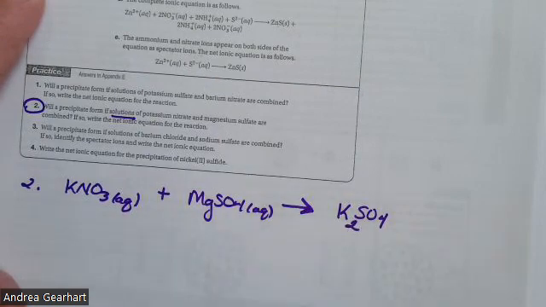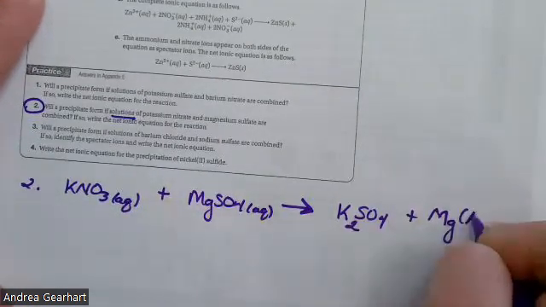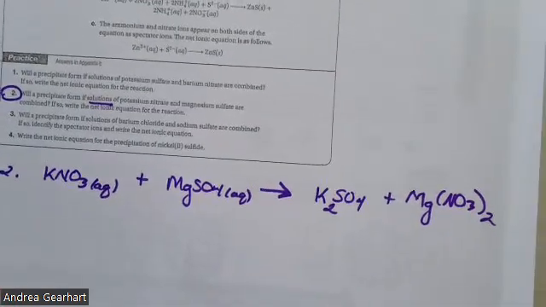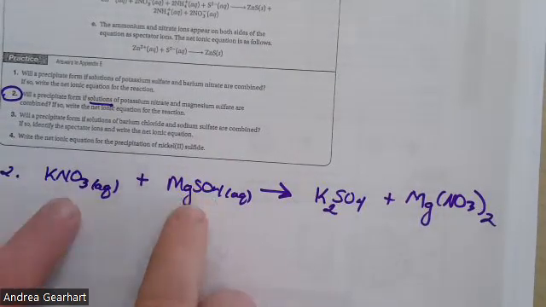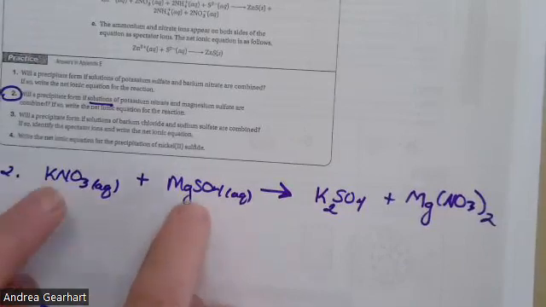So K2SO4. And then Mg(NO3)2. Okay. It's asking us if we will get a precipitate, a solid formed from the mixture of 2 or more solutions. So you see, we're setting ourselves up reactant-wise.